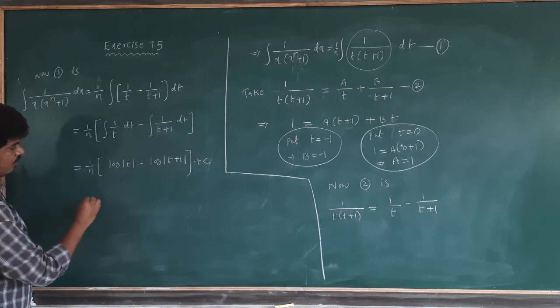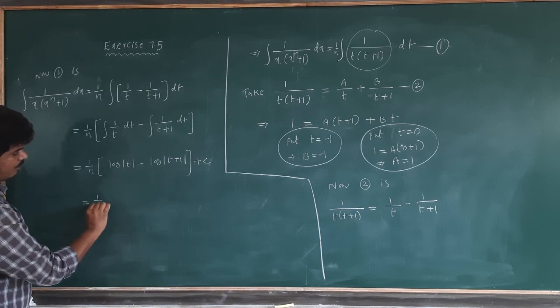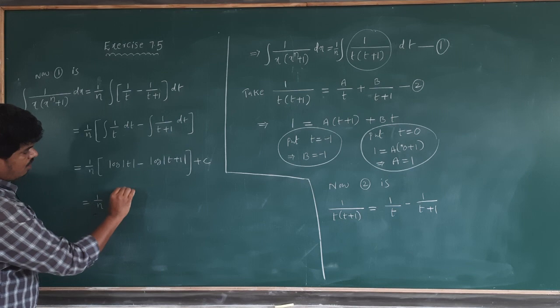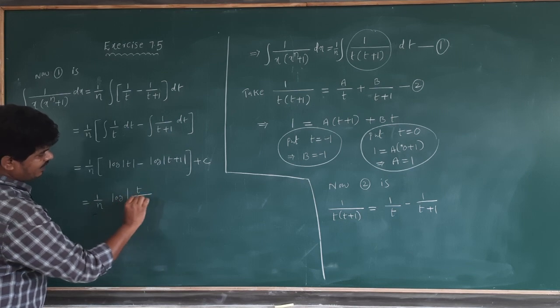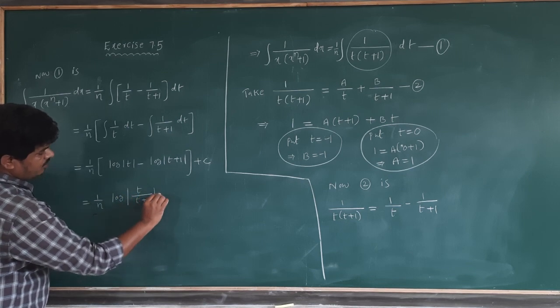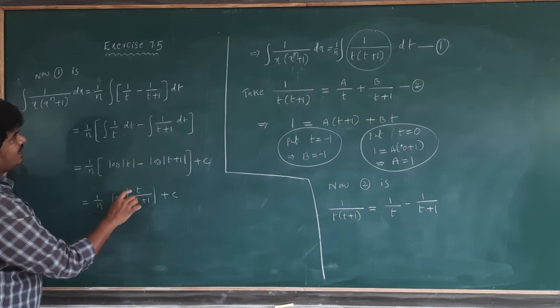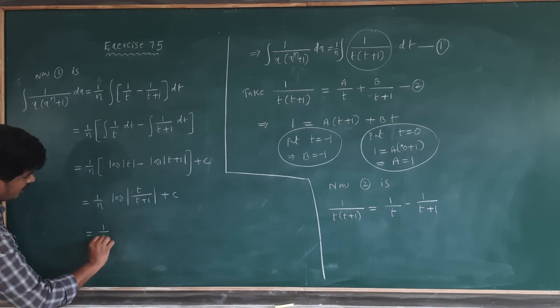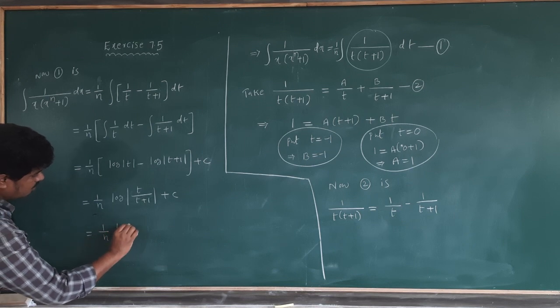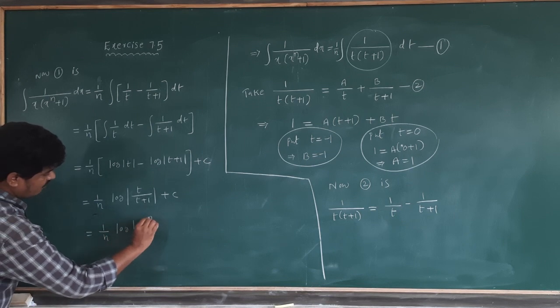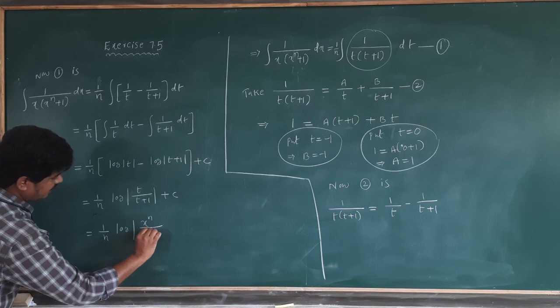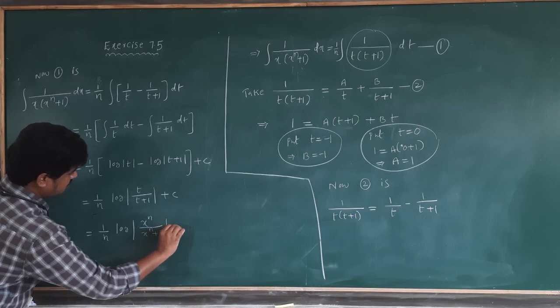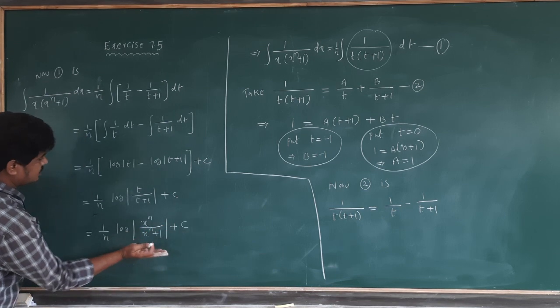Log a minus log b is log a by b. So log mod t divided by t plus 1 plus c. t means x to the power of n. So 1 by n into log mod x to the power of n divided by x to the power of n plus 1 plus c. It is the answer of this.